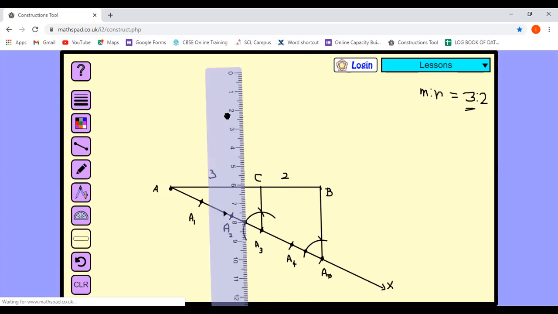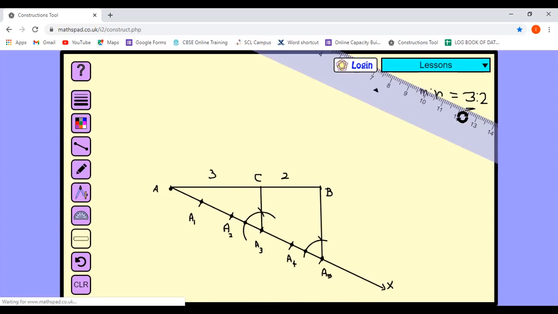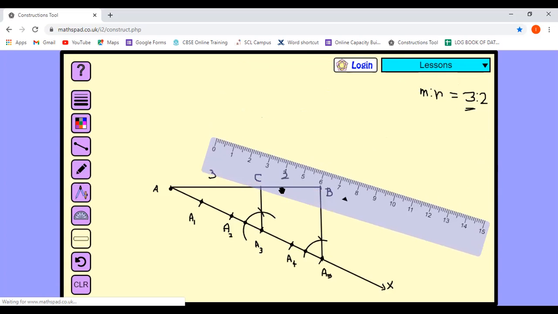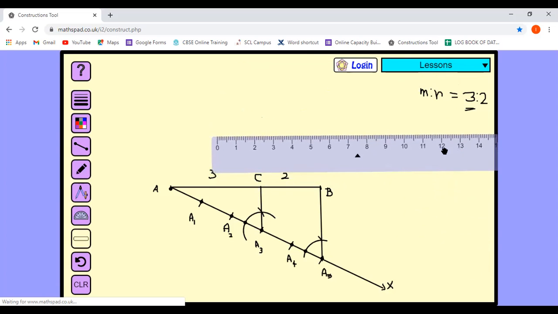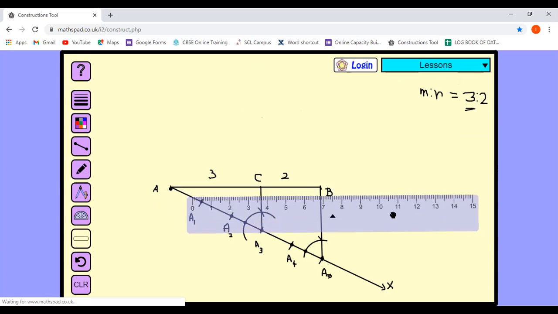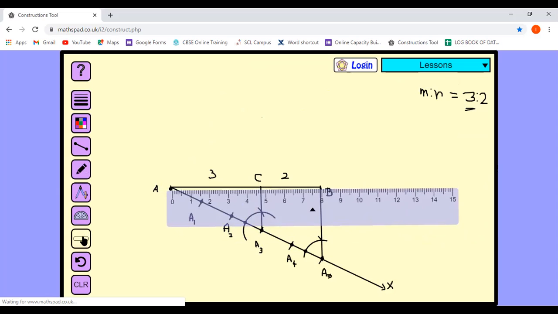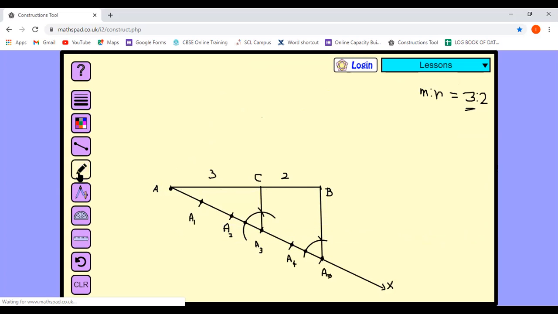So let us try to measure. It is 4.8 and 3.2. Okay. So we're having 4.8 and 3.2. Now, how are we going to check whether it is right or wrong?